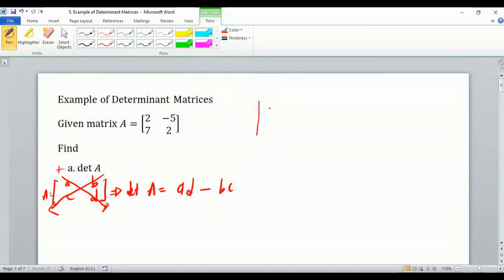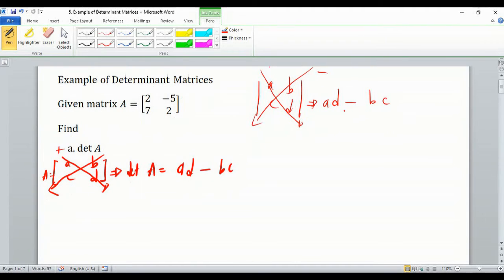Or you can say this one to be matrix A, B, C, D. It's equal with this one positive AD minus this one is BC. This is the formula that we will use every time for the determinant 2 by 2.